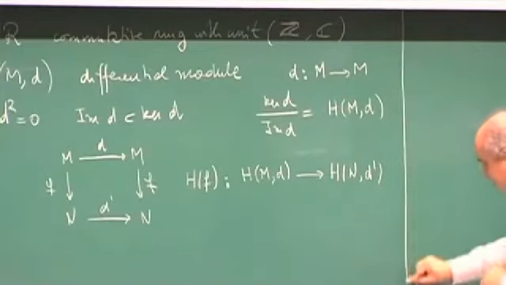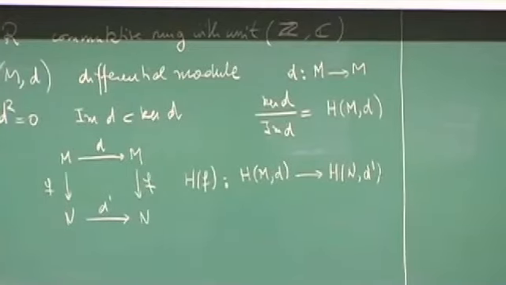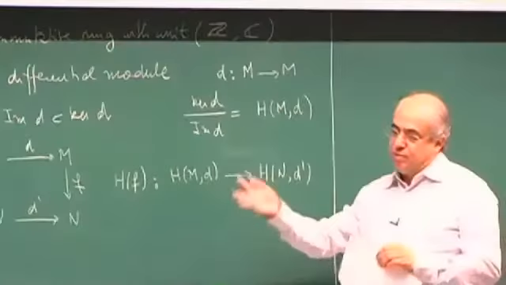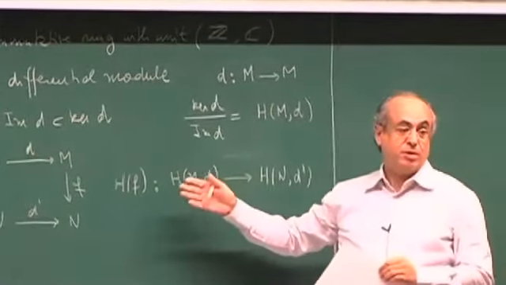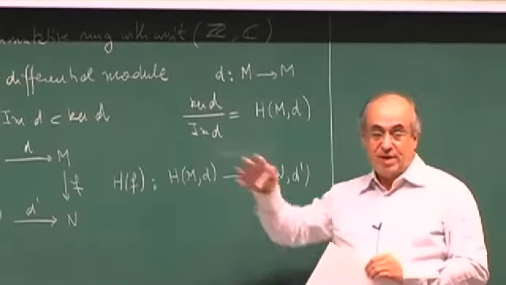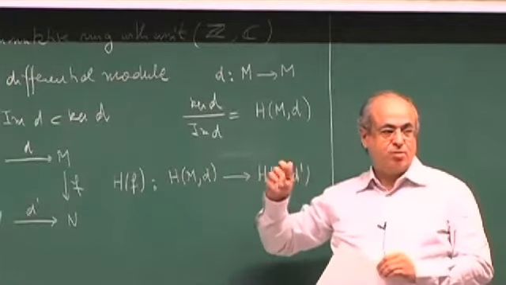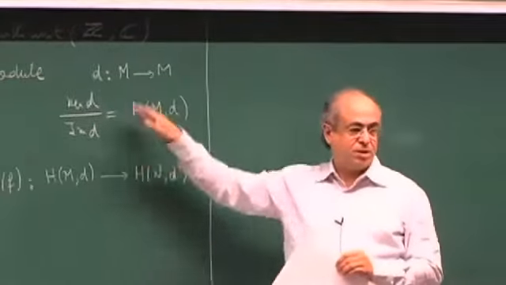Well, of course, it would be very nice to give plenty of examples. We don't have that much time for doing that. Let me just mention that, for instance, it's very easy to build up examples, if you already know this theory, by considering the de Rham cohomology of a manifold. If you have a map from a manifold to another, it's easy to construct a map between the de Rham cohomologies.